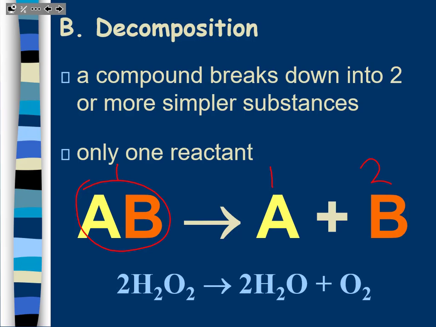In this case, a real world example, hydrogen peroxide breaking down into water and oxygen gas. Once again, we have one thing, we end up with two things, so that makes that a decomposition reaction.